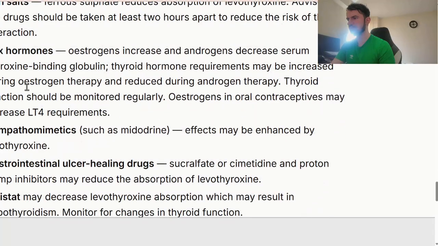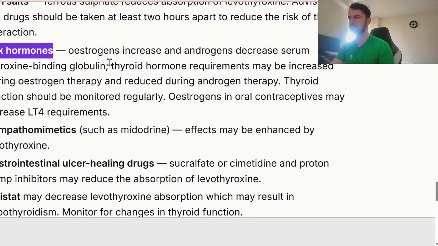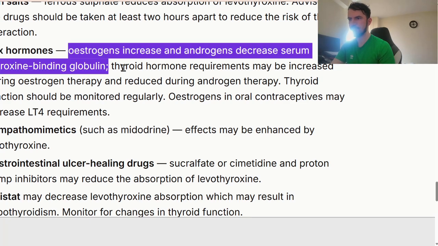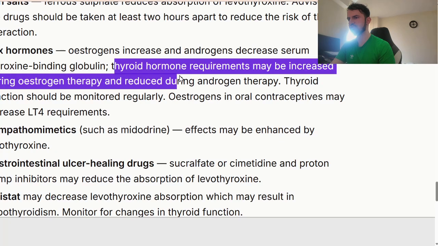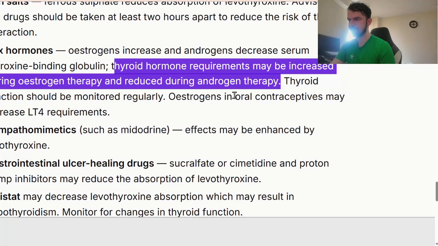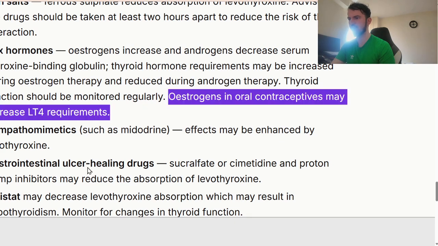When it comes to sex hormones, estrogen increases and androgens decrease serum thyroxine binding globulin. So thyroid hormone requirements may be increased during estrogen therapy and reduced during androgen therapy. Estrogens in oral contraceptives may increase levothyroxine requirements.